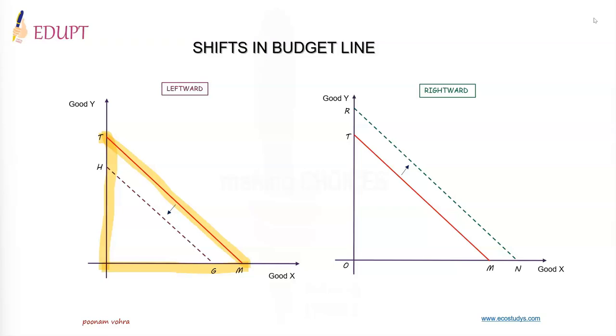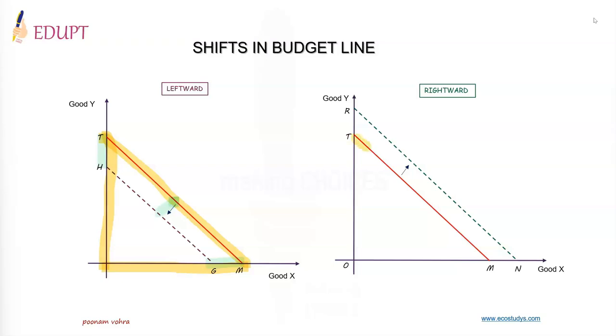In either of the two cases, there would be less of both the goods purchased. The purchase of good X gets reduced by MG and that of good Y by TH, implying that the budget line shifts towards its left.